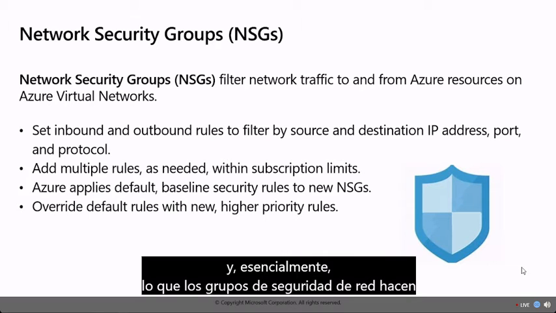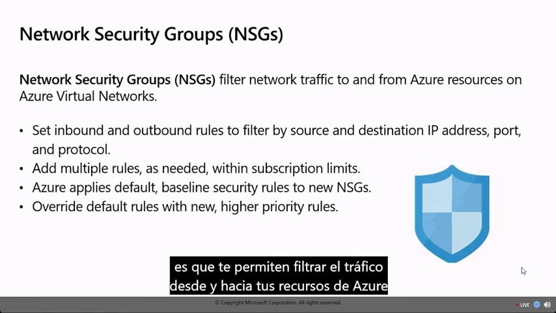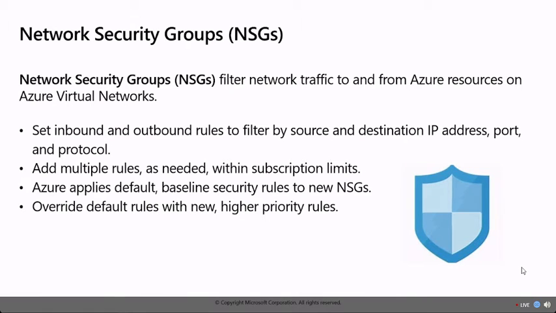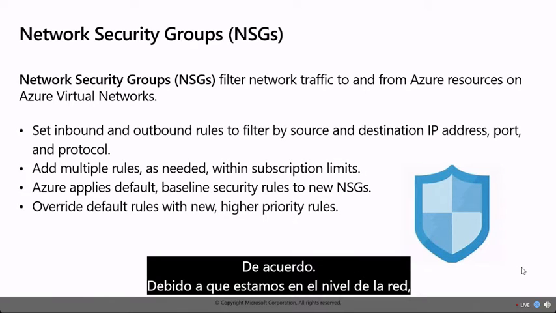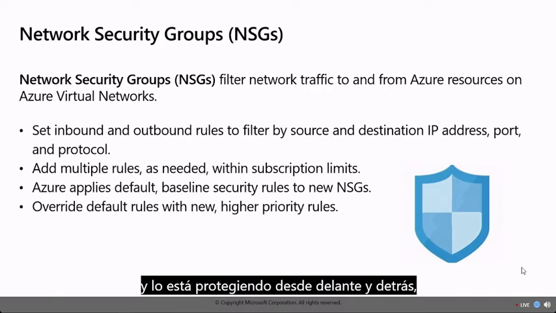And essentially what network security groups do, it allows you to filter traffic to and from your Azure resources on your virtual networks. And that's the key thing here. This is traffic that is already on your virtual network. All right, because we are on the network level and it's protecting it to and from.